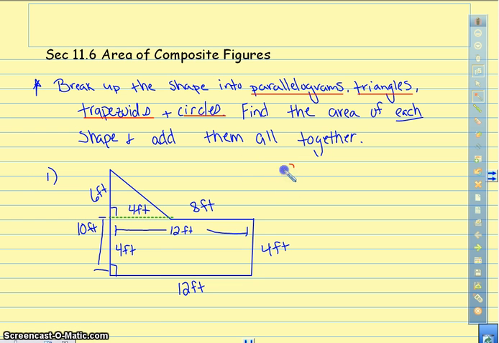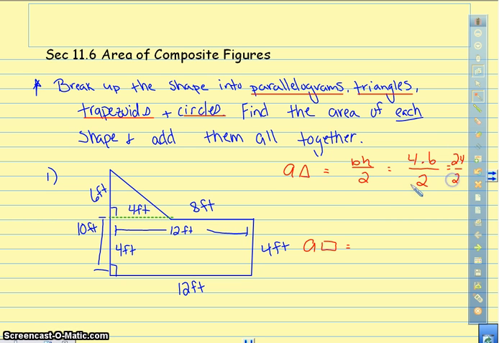So I'm finding the area of my triangle, and then I'm finding the area of my rectangle. The area of the triangle is base times height divided by 2. My base is 4 feet. My height is 6 feet. 4 times 6 is 24.